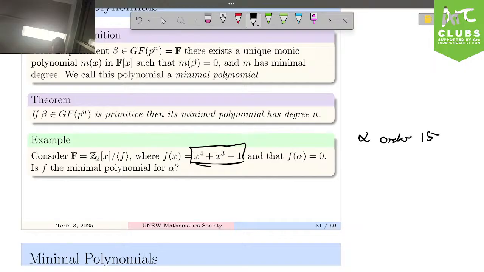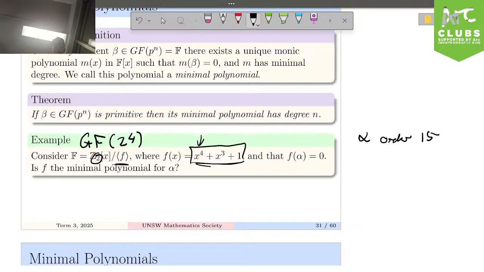Now, our field is Z2, and this is order 4, which means we're only going to have polynomials with x cubed, x squared, x to the 1, x to the 0. That means there's going to be 16 elements. Or rather, another way of saying it is that this is GF 2 to the 4. Okay?